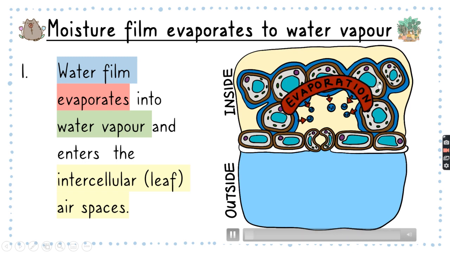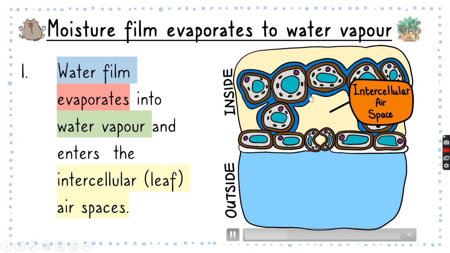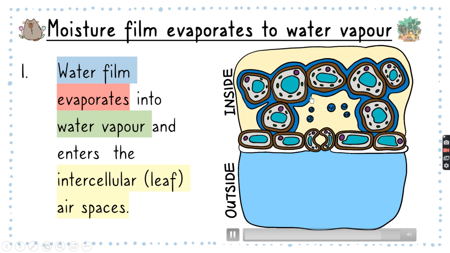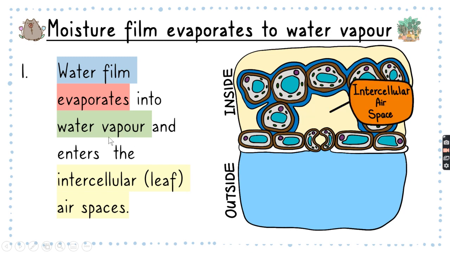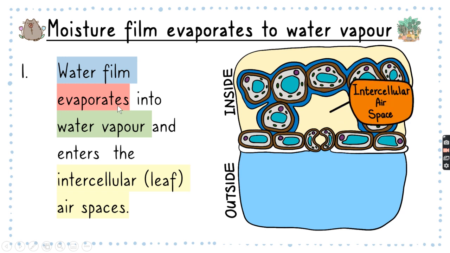However, in this picture, this diagram, this video, we are only looking at the spongy mesophyll. So this is the water film, which is literally liquid water, and because there are air spaces right here inside the leaf itself, water can actually evaporate.